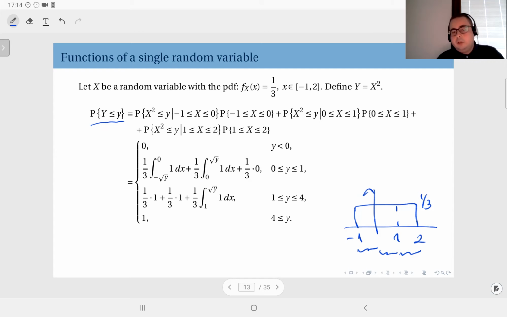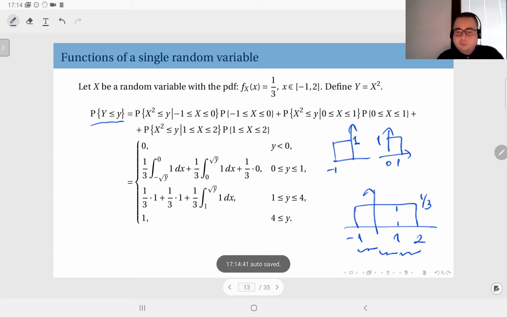And when you actually compute the conditional distribution of x, from -1 to 0 this is 1, and from 0 to 1, again, this will be 1, because it will be normalized by 1 over 3. And from 1 to 2, this will again be 1. These are the conditional distributions of x given you are in this region.